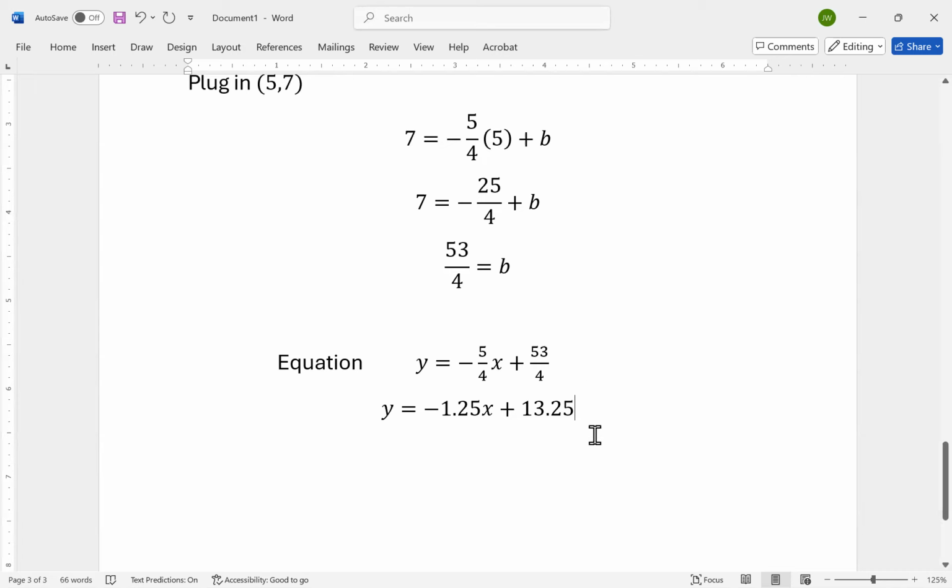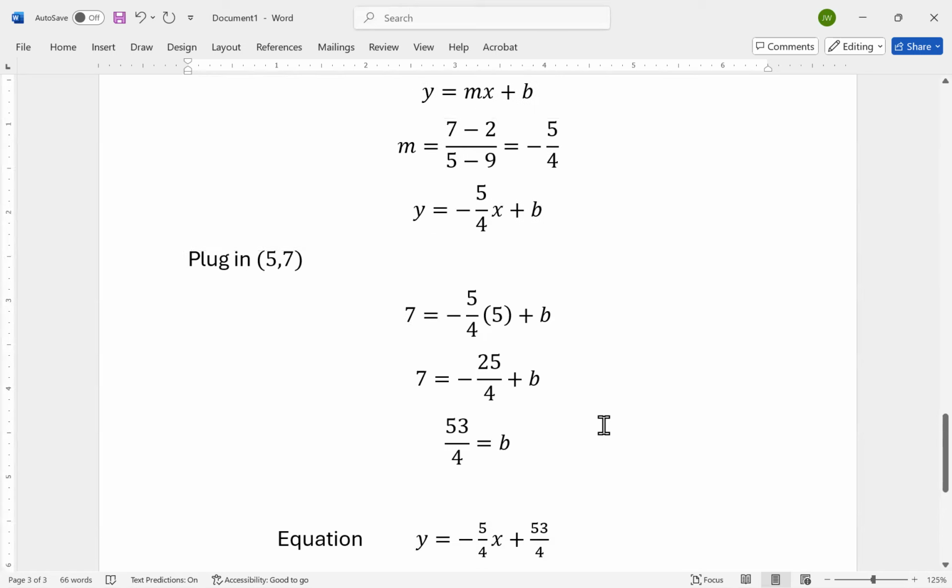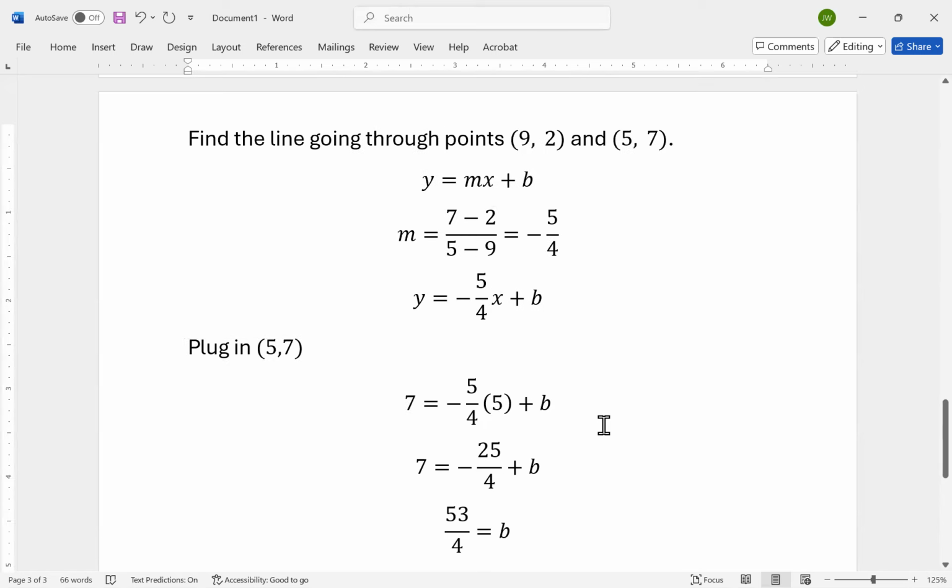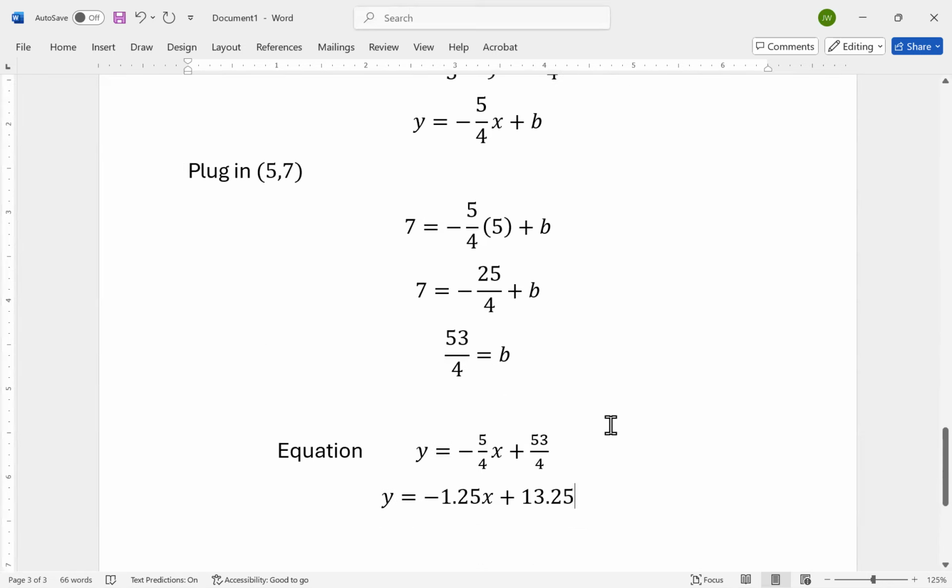Obviously, if you're writing them down for a particular homework problem, it may ask you to write those in a certain form, whether it's an improper fraction or a decimal or a mixed number. But those are the same two equations. So not every time are we going to get really nice numbers for our slope or for our b.